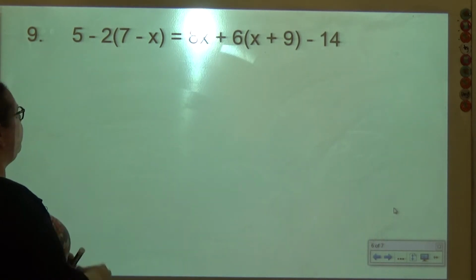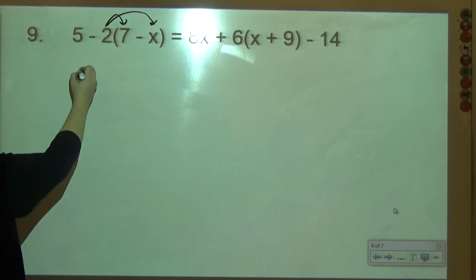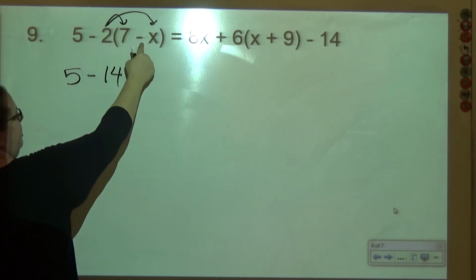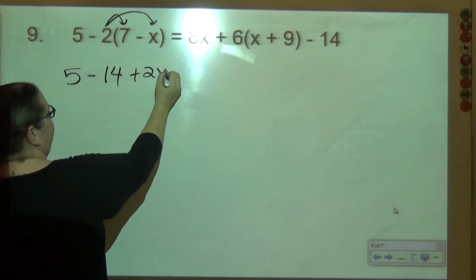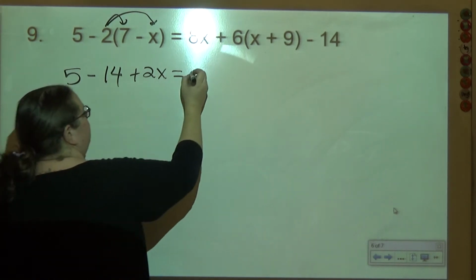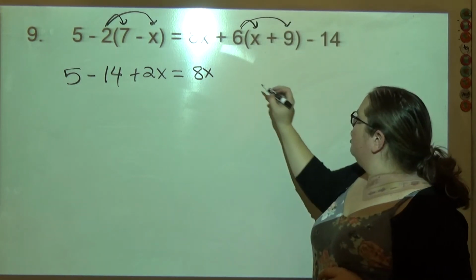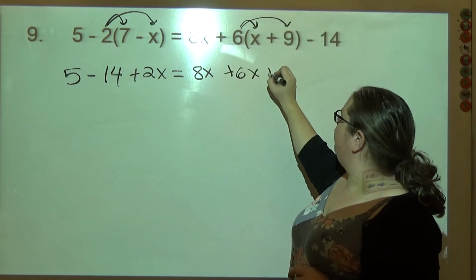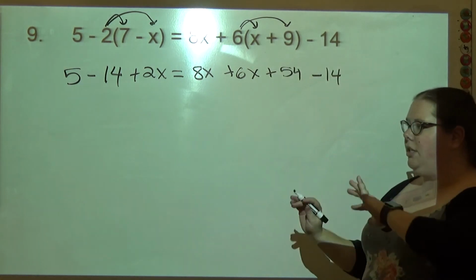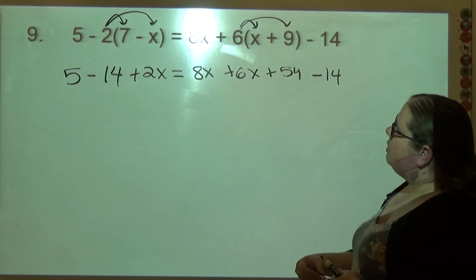All right, let's start by distributing. Remember that 5 is chilling in the front. Distribute, negative times a negative is a positive. That 8x is just chilling in front. Distribute the 6. 6x plus 54 minus 14 is not inside the parentheses, so it's chilling. Let's combine our like terms.